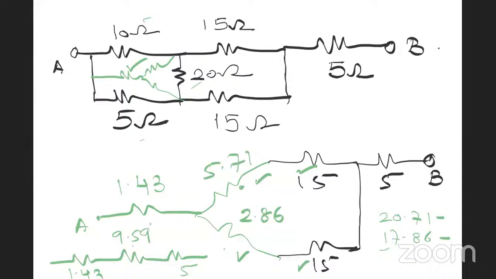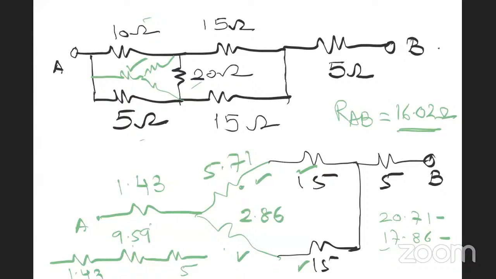So my RAB will be 9.59 plus 1.43 plus 5. I'm getting the answer as 16.02. So 16 ohm, 16.01, 15.99, everything is fine.